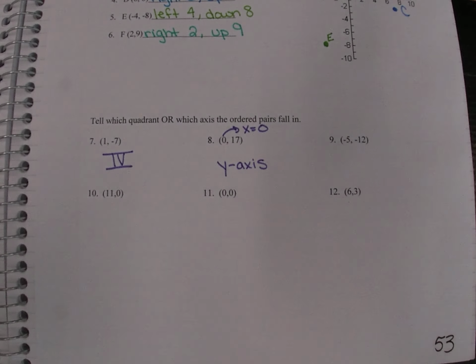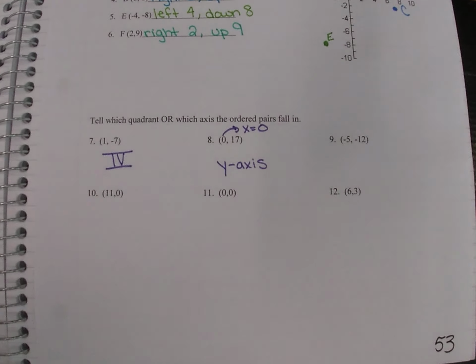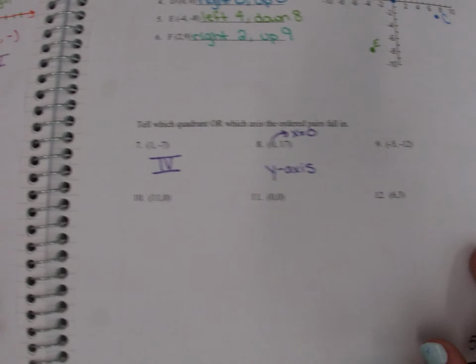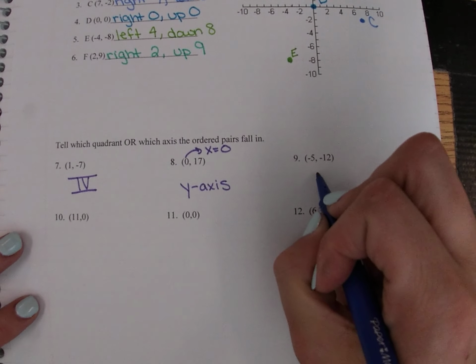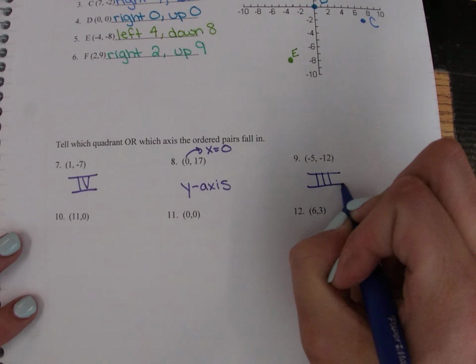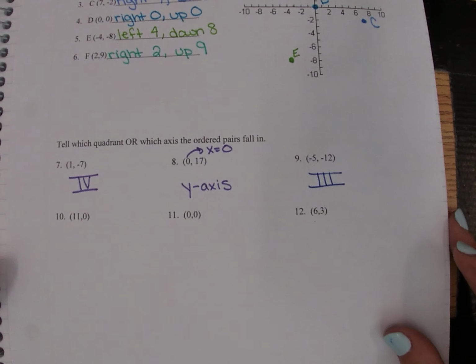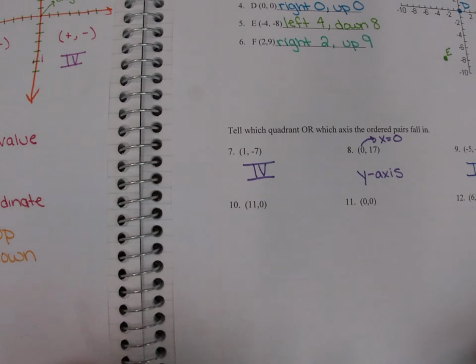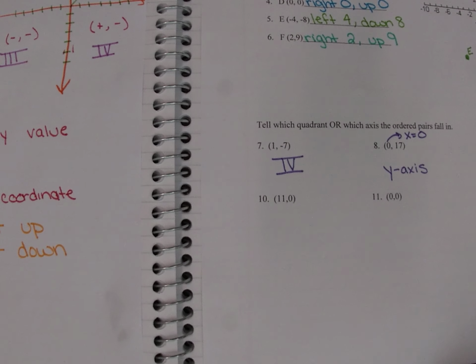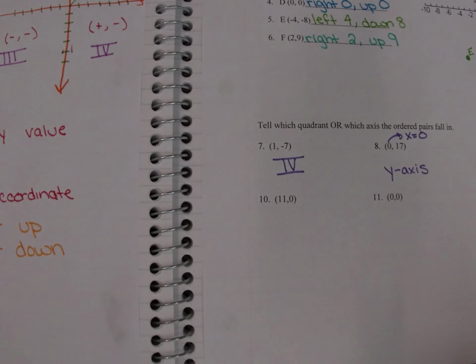We then have our ordered pair (-5, -12). So that says to go left 5, down 12, or a negative followed by a negative, which is quadrant 3. Okay, (11, 0). So (11, 0) says we're going right 11, up and down 0.